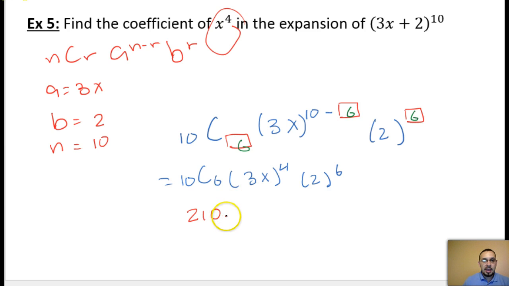I'm fine either way. And you're going to multiply that, distribute the power. So you get 3 to the 4th times x to the 4th. Then 2 to the 6th power. Well, that's just 2 times 2 is 4, times 2 is 8, times 2 is 16, times 2 is 32, 64. So that should have been 64. There we go. All right, much better. So to clean things up a little bit more, we have 210 times 3 to the 4th power. I'm going to use my calculator.